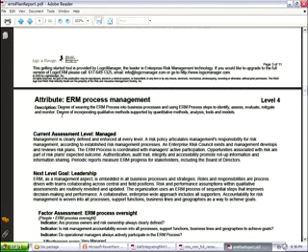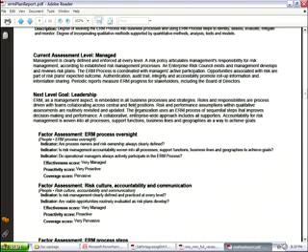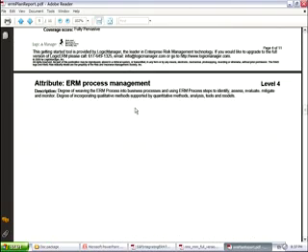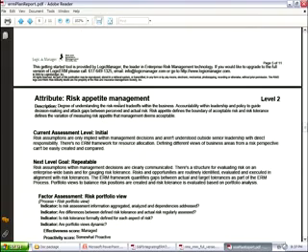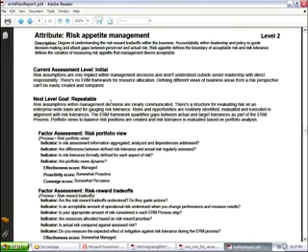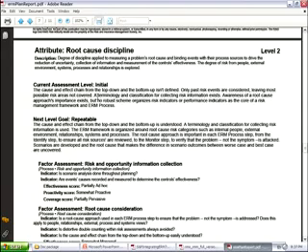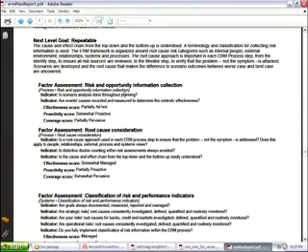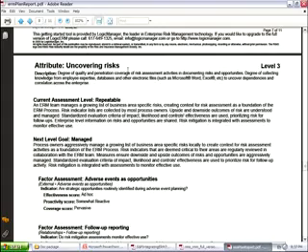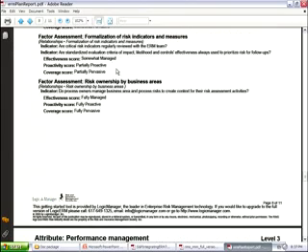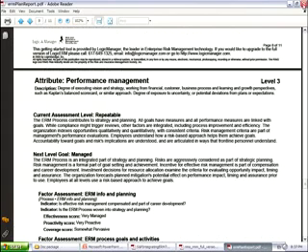ERM process management comes up as level 4. Appetite management level 2. I just put in some junk information and got something out. Root cause discipline level 2. Uncovering risks. Okay, you get the picture, I'm sure, and you can take a look at that.